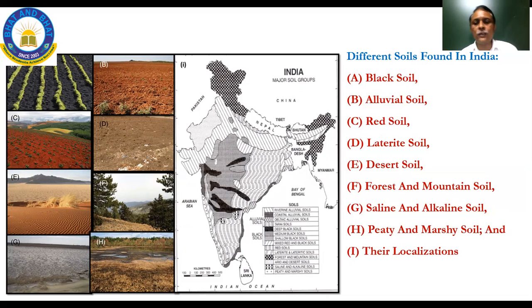Then you have the forest and mountain soil, small part, because laterite soil, again we have told, is only at the summits. Towards the bottom of the mountains we have this. Saline and alkaline soil, again G, where salt manufacturing is in Gujarat, that is the Rann of Kutch. That is where you can see this saline and alkaline soil.